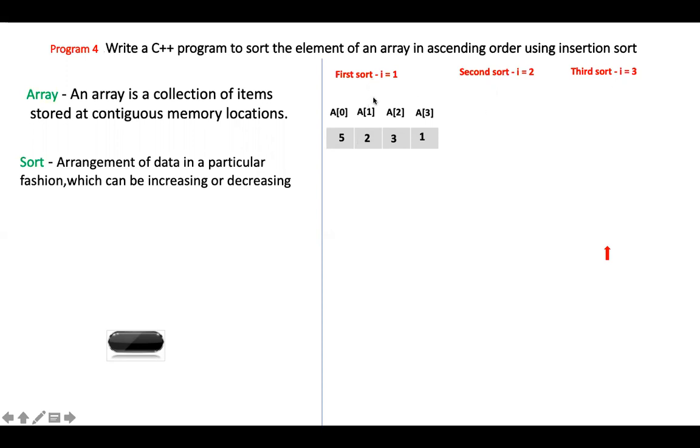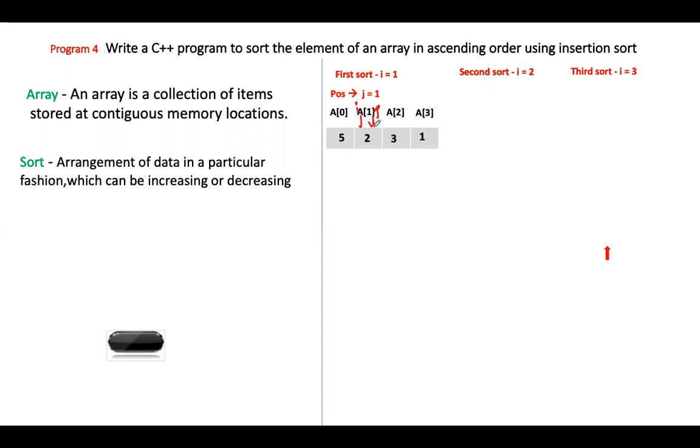Now we'll study the first sort. Now I'll take the position j also as 1. So i value is also 1, j value is also 1. So where will it be pointing? Here, j value you have. Here, i value also you have. Both are pointing at the same place.